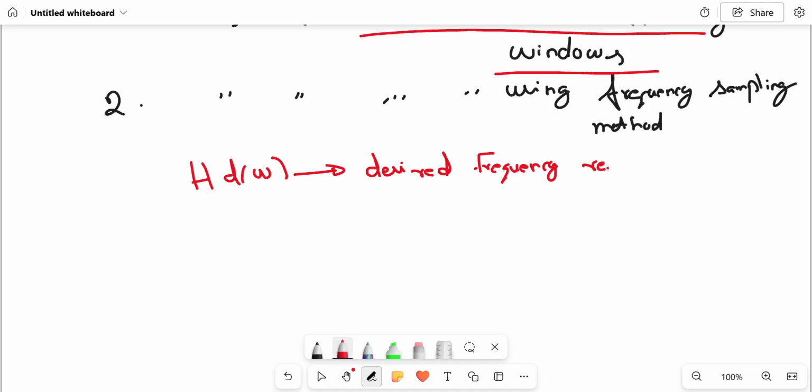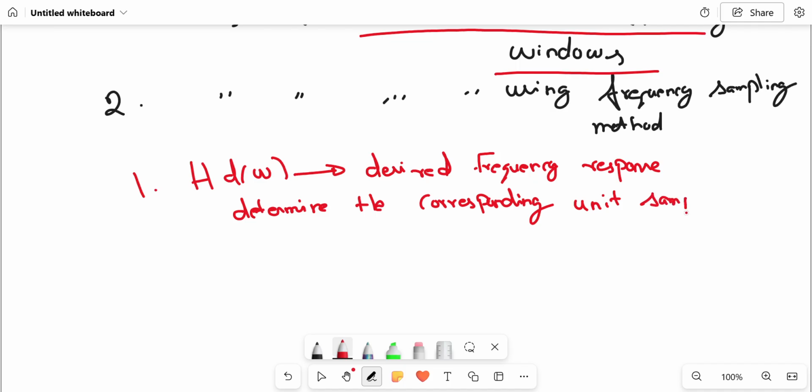For the given desired frequency response HD of omega, first step, determine the corresponding unit sample response, HD of n.